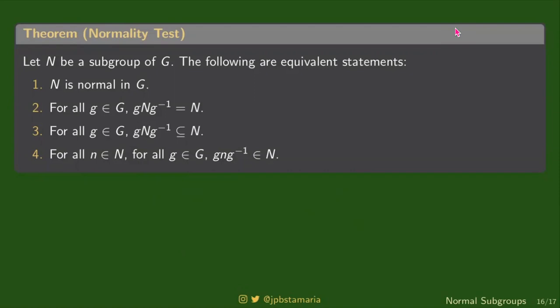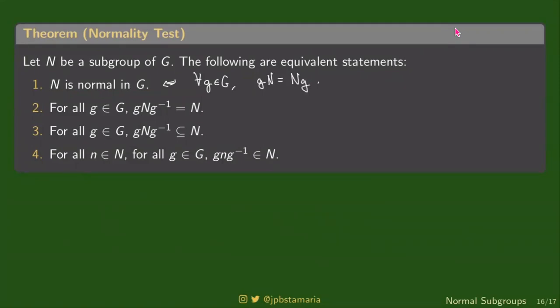The normality test simply tests whether a given subgroup is normal or not. Ang sinasabi nito, the following are equivalent statements, meaning if one is true, the others are also true. If one of these statements is false, ibig sabihin the others are also false. Kung mapapansin niyo, ito ang definition natin. By definition, for all g, gN equals Ng.